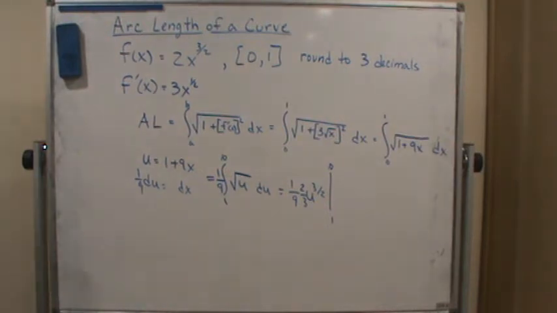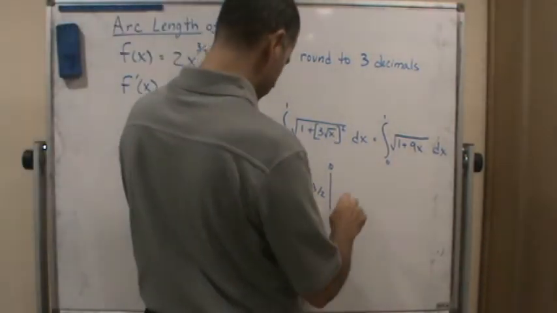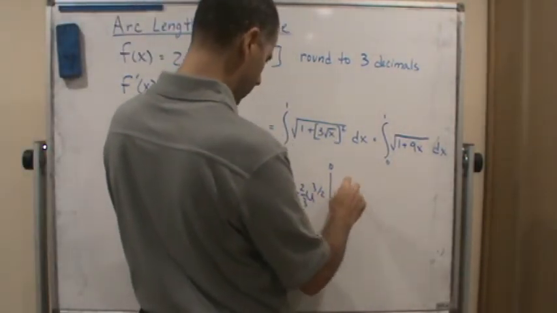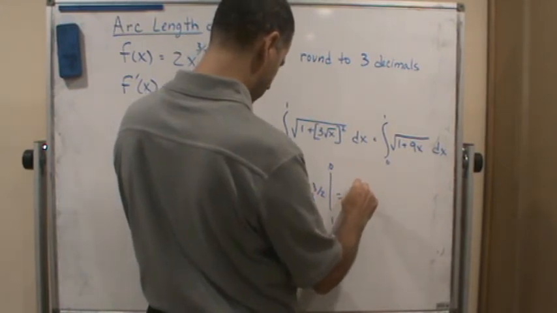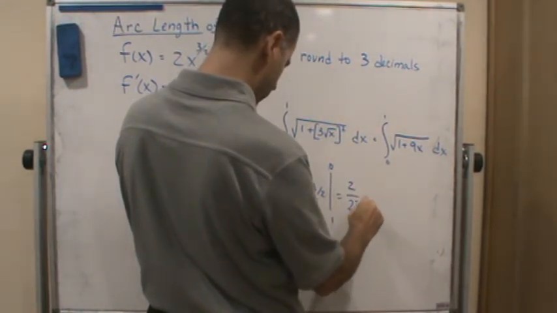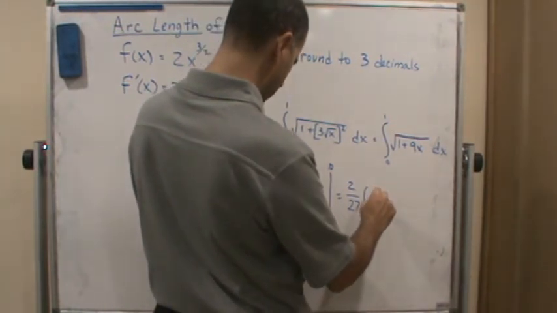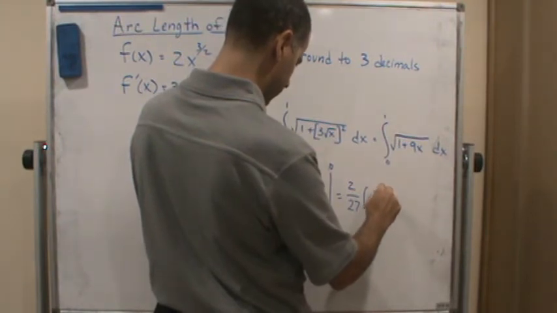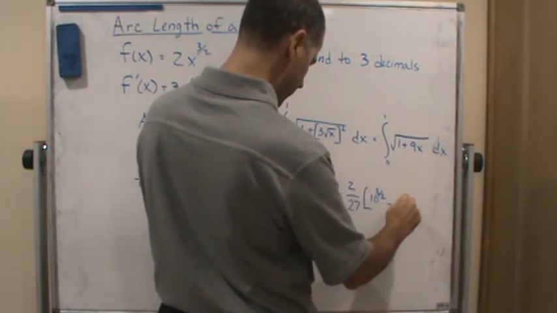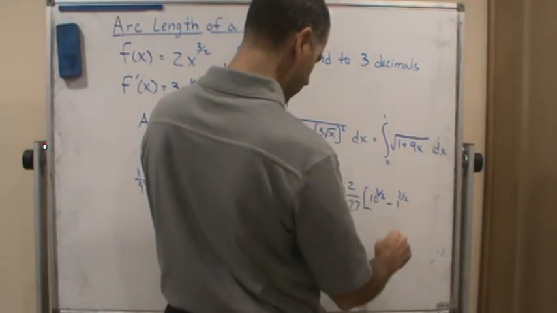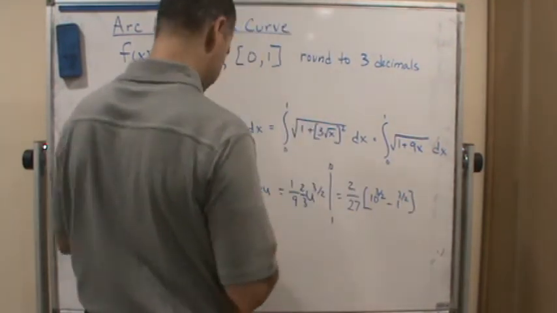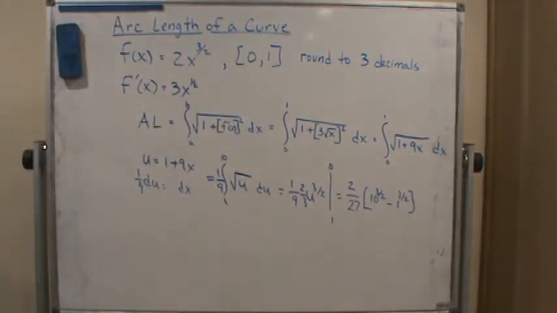Now it's just plug and chug. So this is going to be 2/27 times 10 to the 3/2 minus 1 to the 3/2.